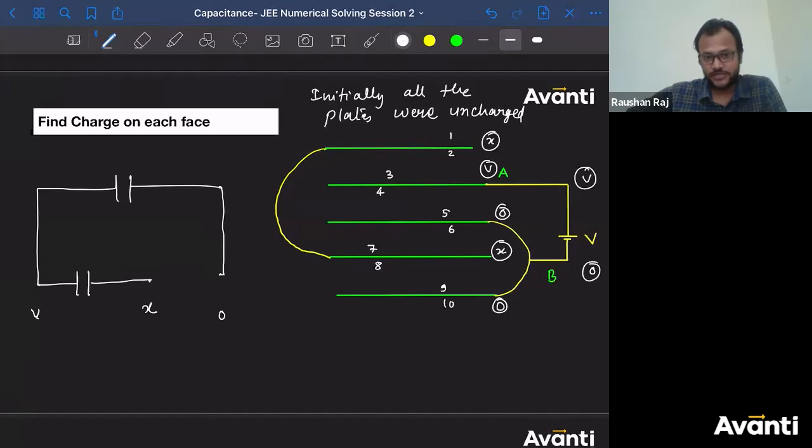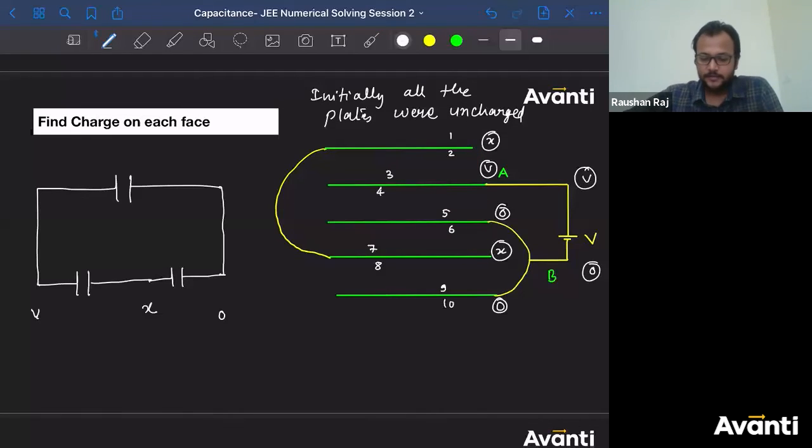Sonali has answered actually comprehensively. Sonali has answered 5CV by 3. Okay, 2CV by 3, 2CV by 3. You gave the answer very well, but I don't know whether the values are correct or not. Let's see. The third one is in between. This is first, this is second, this is third. Third is between x and 0.